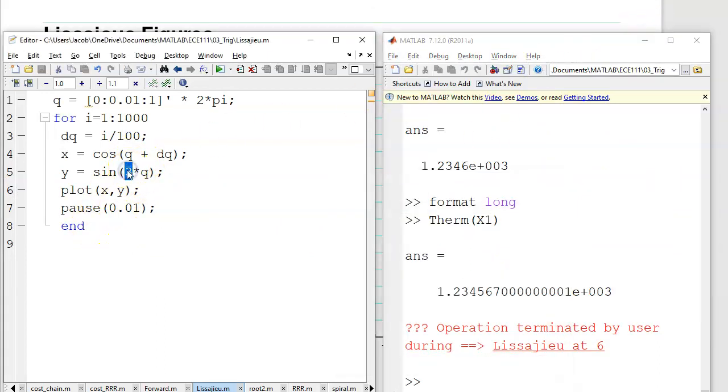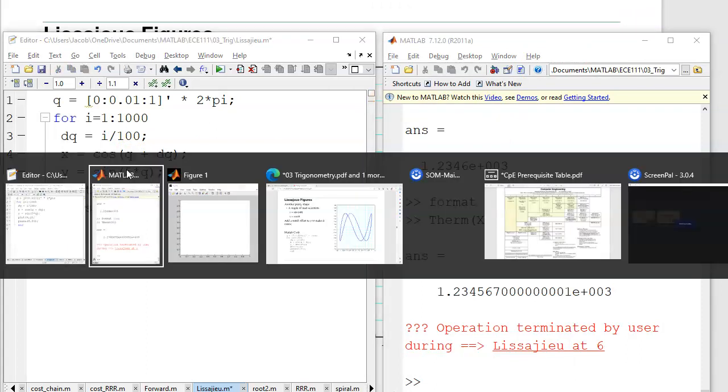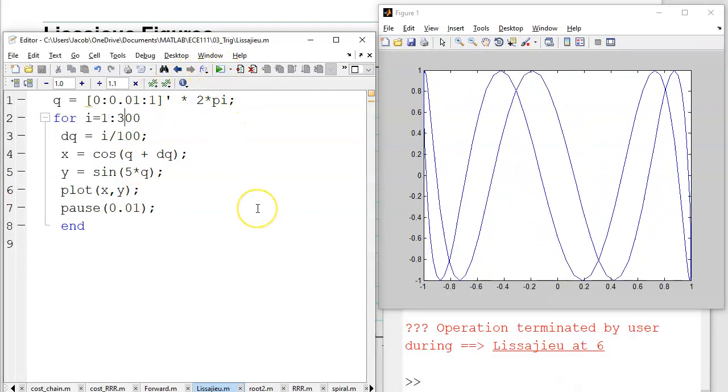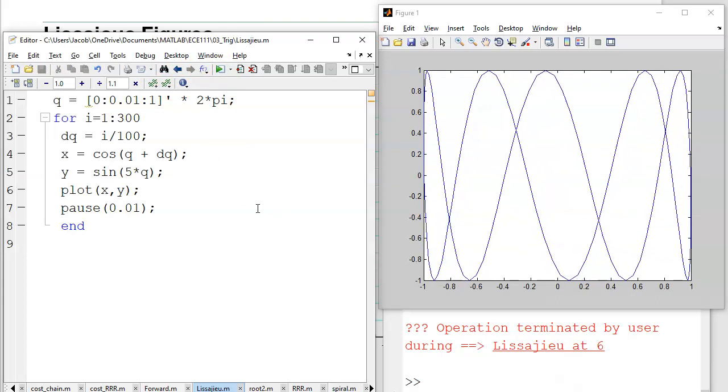Let's make this 5 to 1. So this is a Lissajous figure with the 5 to 1 ratio.